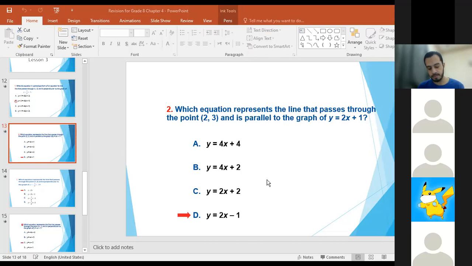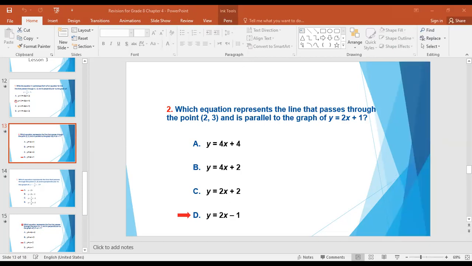Which equation represents the line that passes through the point (2, 3) and is parallel to the graph of y equals x plus 1? Okay. So we know that the equation is y equals mx plus b.